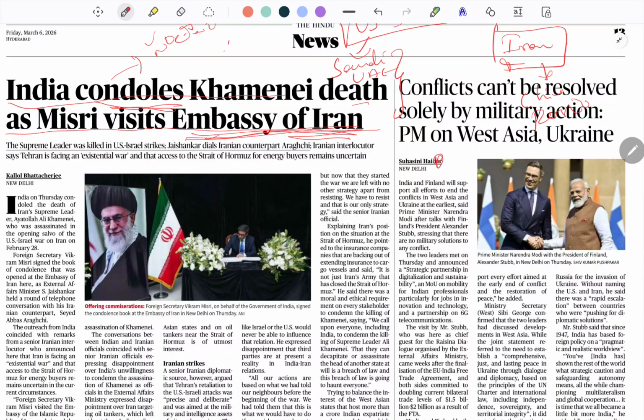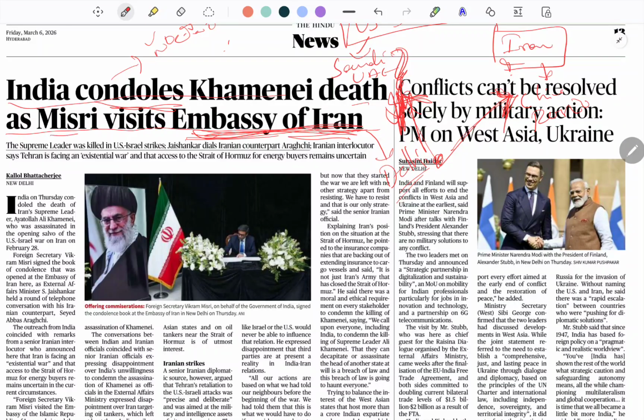India has to balance both because we are a developing nation and we need both blocks for our prosperity. So the PM expressed sorrow for the bombings in these countries, and India also condoled the Iran supreme leader's death yesterday by visiting the embassy of Iran in Delhi. Every country has an embassy to maintain relations.